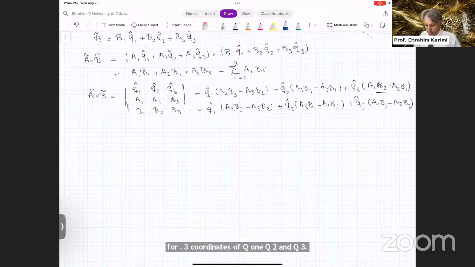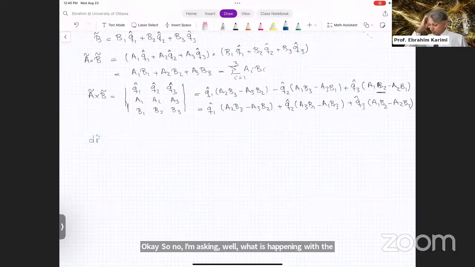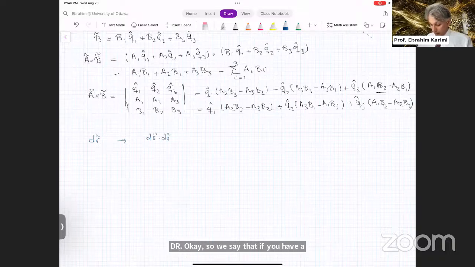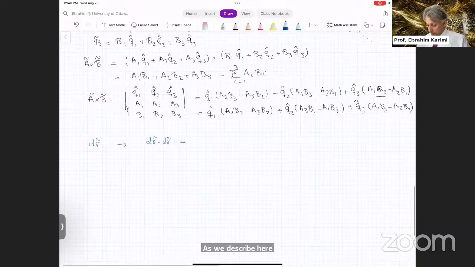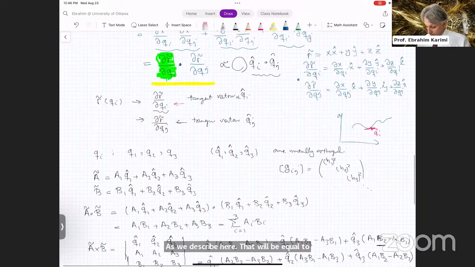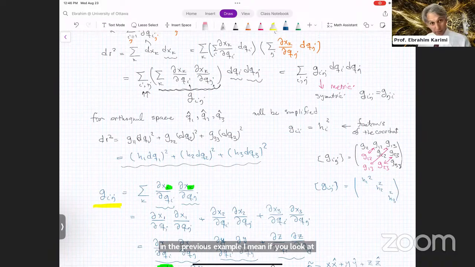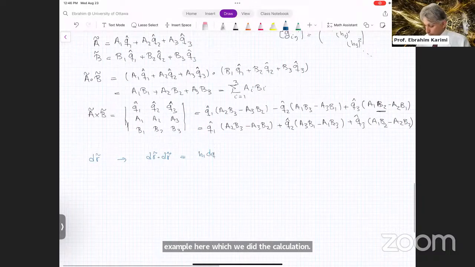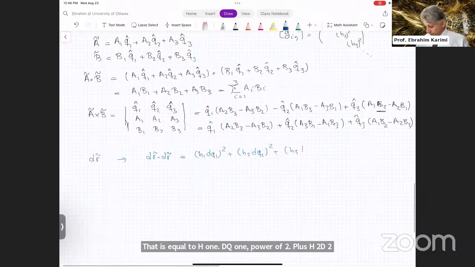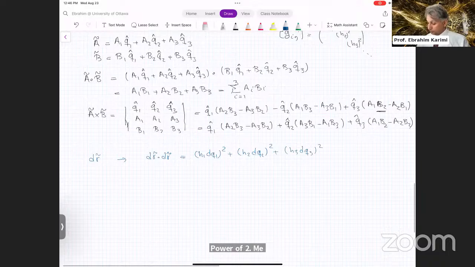Now I'm asking, what is happening with dr? If you have dr dot dr, as we described in the previous example where we did a calculation, that is equal to h1 dq1 to the power of 2, plus h2 dq2 to the power of 2, plus h3 dq3 to the power of 2.